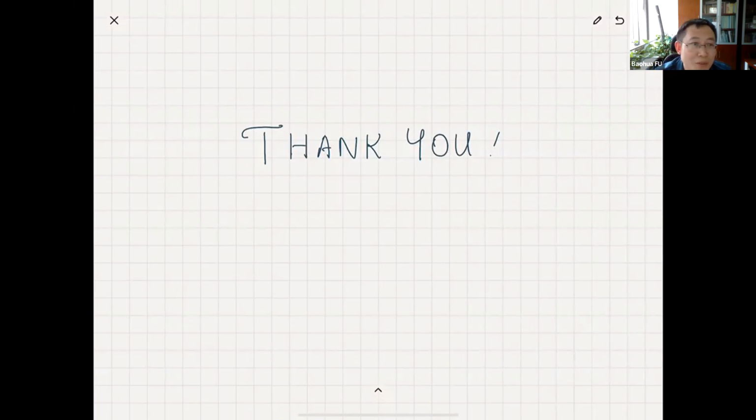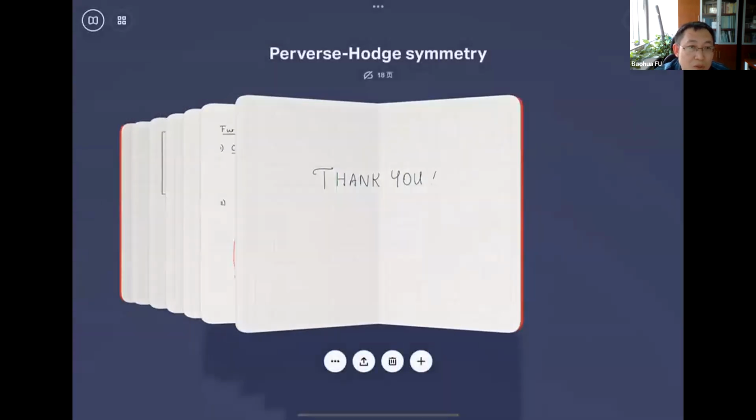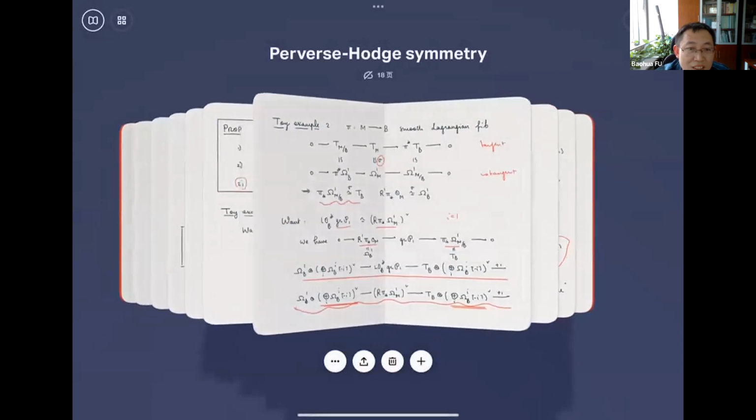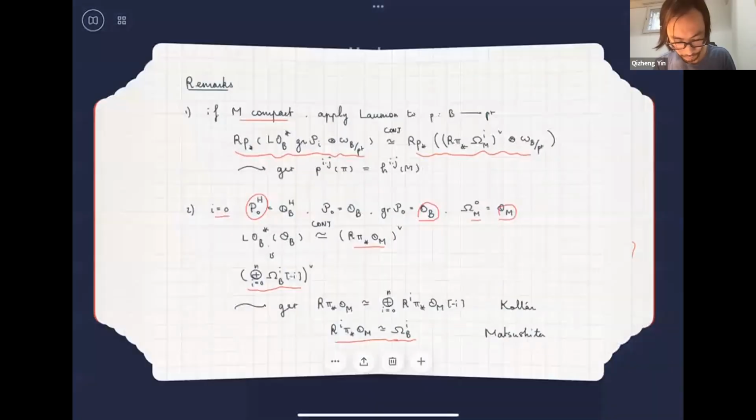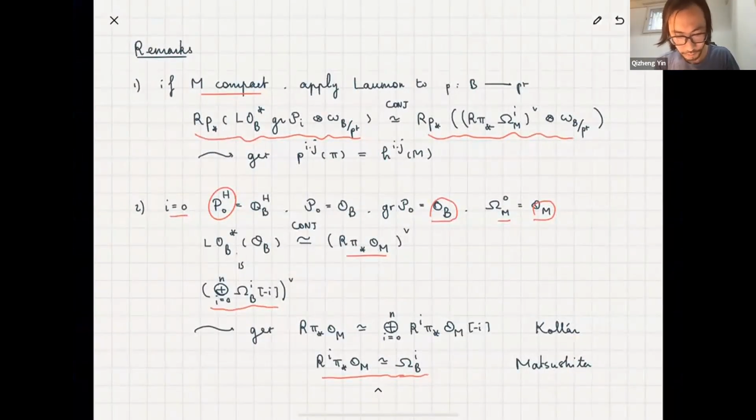I'm wondering what you can deduce from your conjecture. For example, can you recover what you have shown before? Yes, this is the remark: the conjecture implies what we had before, and it also specializes to Matsushita's result.